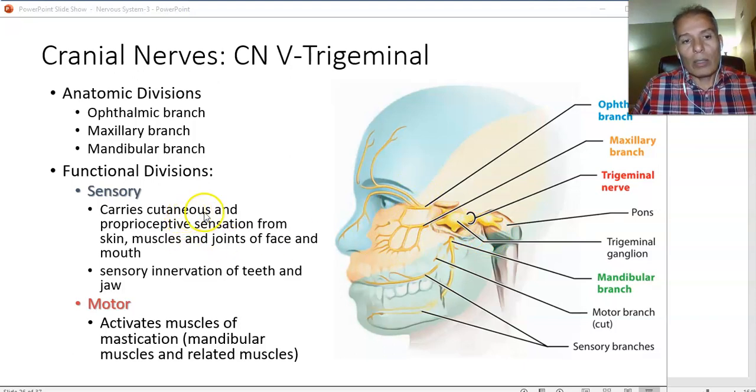Again, the surface of the skin on your face, the muscles of your face. All your face is made out of muscles covered with skin, and the joints of the face, like the TMJ here, for example, joints of the face and the mouth.